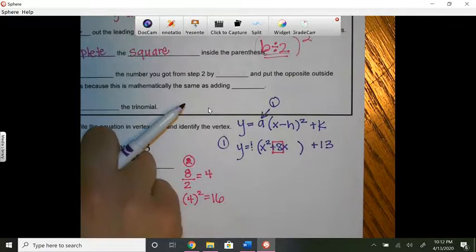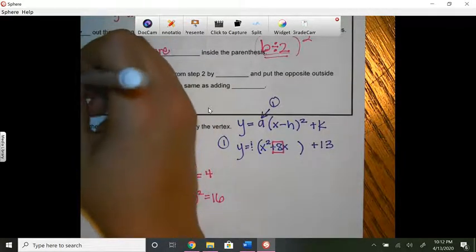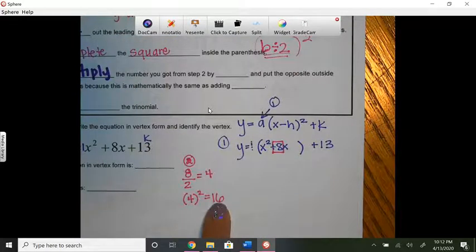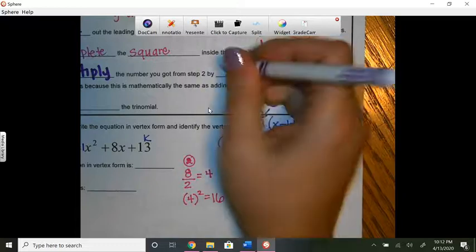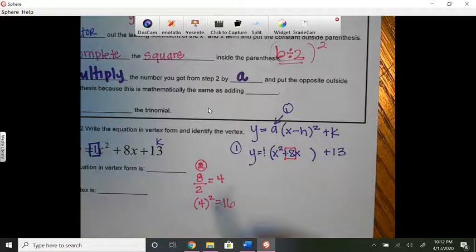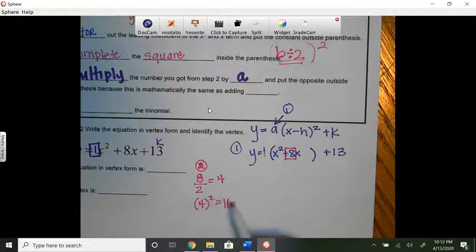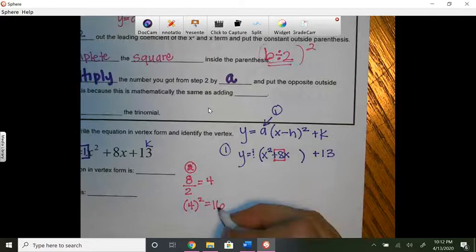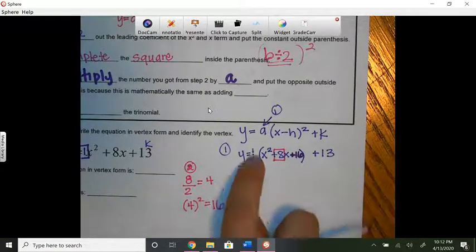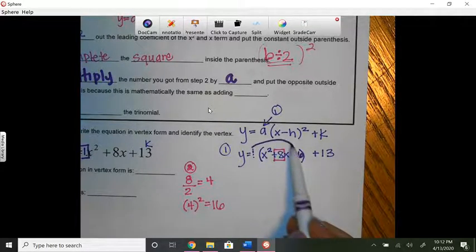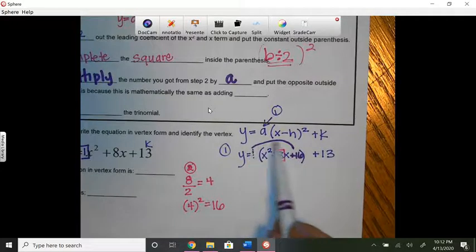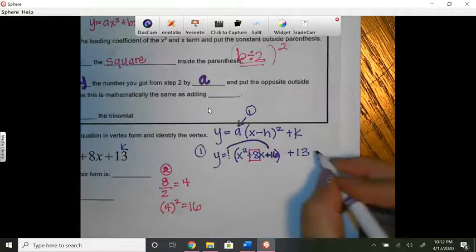Step 3, you're going to multiply whatever number we just got here by the a value. Since the a value here, the number out in the front, was 1, it's just going to stay 16. And then you're going to put this number right here. Whatever you get when you multiply this 1 to this 16, you have two choices. Since this is 16, the opposite of that is negative 16.